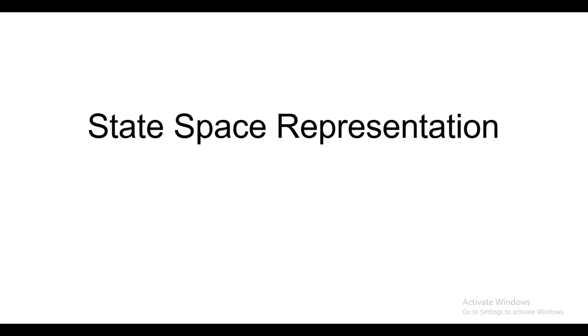So in this unit we just see the basics. We are not going so deep because there is one separate chapter on this. Let us start with state space representation.